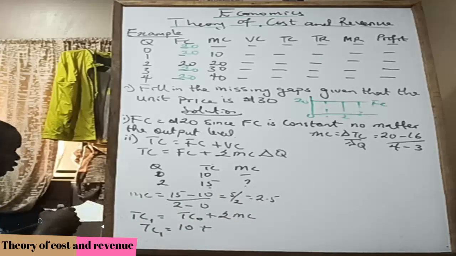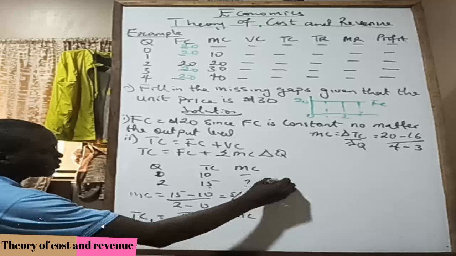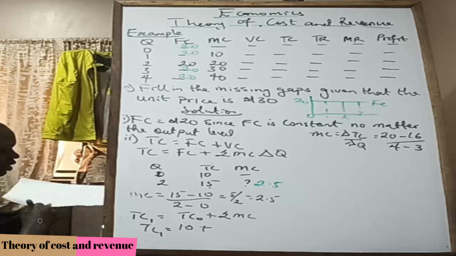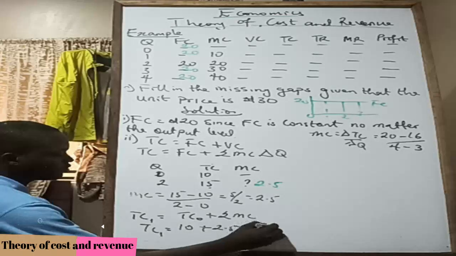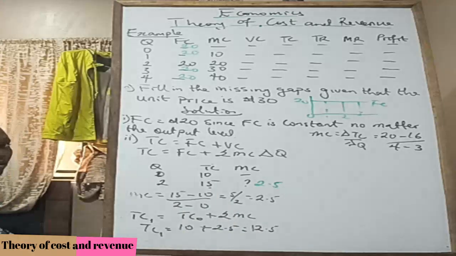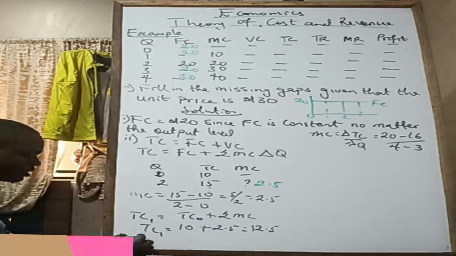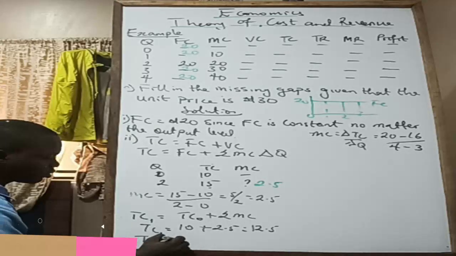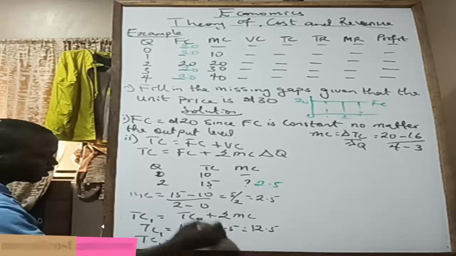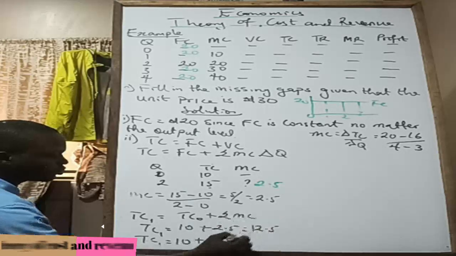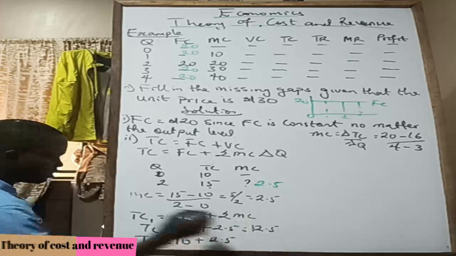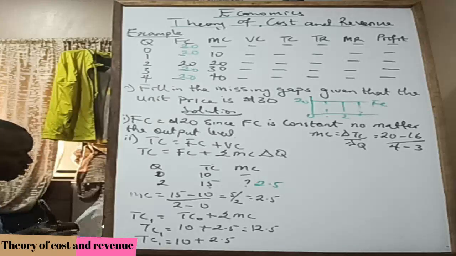We've gotten this place to be 2.5. Right? So you're just going to be having 10 plus 2.5, which will give you 12.5. But that's not the answer here. So the correct answer is TC1 equals 10 plus sum of MC, which is 2.5, then your change in Q, and that change in Q, let me put it there now.